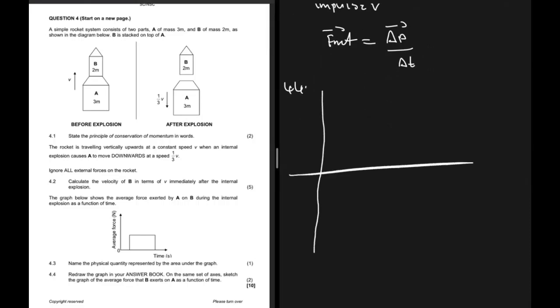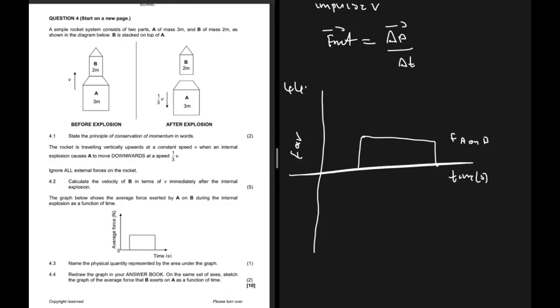That's our Y, that's our X, and then we have average force, and then we have time in seconds, right? And then that's F A on B, right? The question says find F B on A.